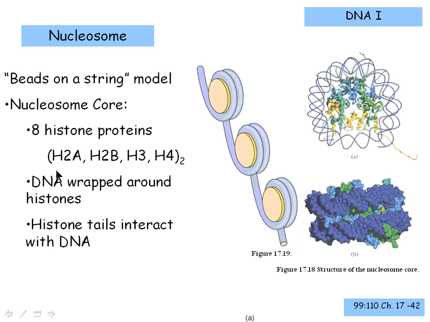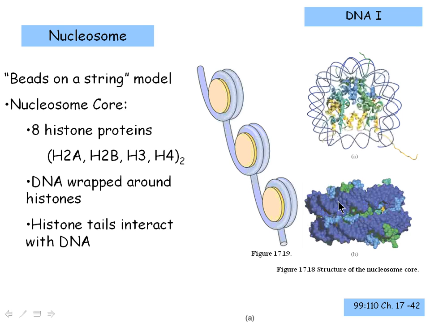Now H2A and H2B pair together, as well as H3 and H4. And then these pairs come together in the center of the nucleosome. The DNA wraps around the histones approximately two times. As shown here, we have our DNA in blue, and then the nucleosome core histone proteins in the center.